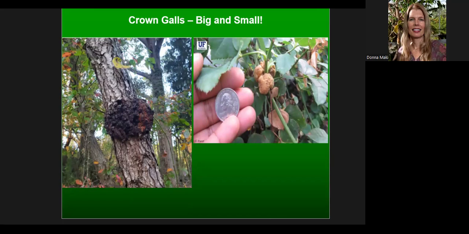You won't need to worry about it. But you can see this crown gall disease happens on herbaceous plants too, and on rose bushes. If you've ever seen rose bushes, you can see that. You can see these are quite petite, but then you can see some that can get quite large.